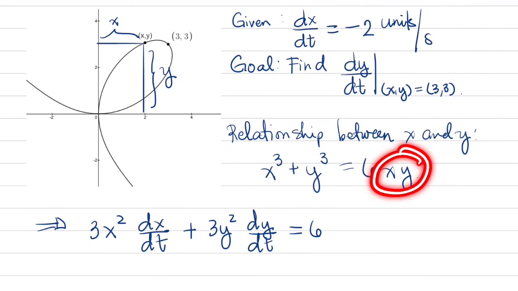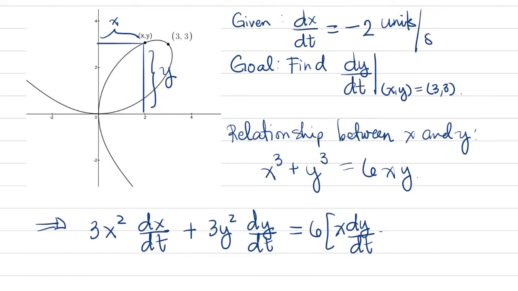But take note, this is a product, so we shall use the product rule in differentiating xy. So what is the derivative of xy? That is left, x, times the derivative of the right, which is dy over dt, plus right, y, times the derivative of the left, which is dx dt. Okay.